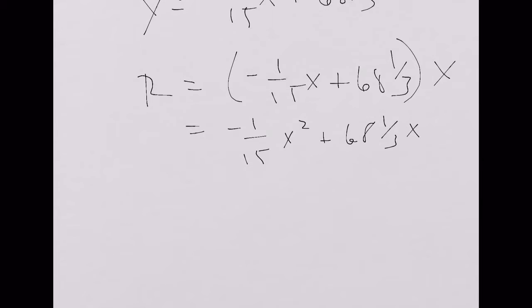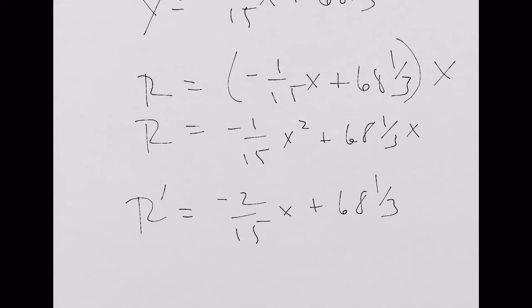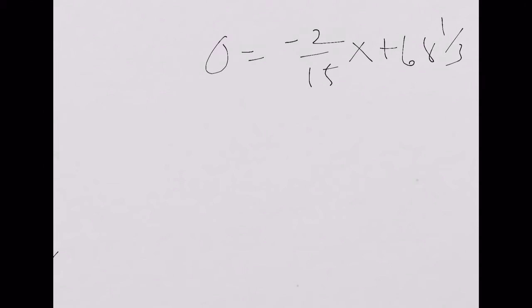To find where I maximize revenue, at what quantity do I maximize revenue, I would take the derivative of this, which would be negative 2/15 x plus 68 1/3, and I solve that for 0 to find that critical point. I think that's what I had.